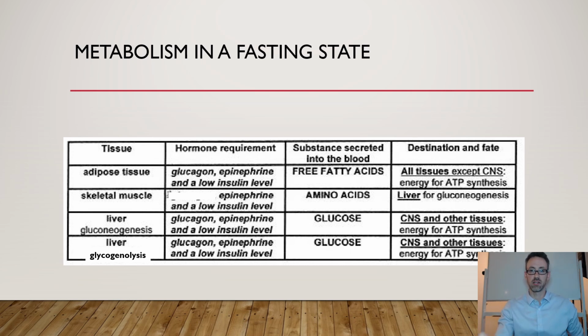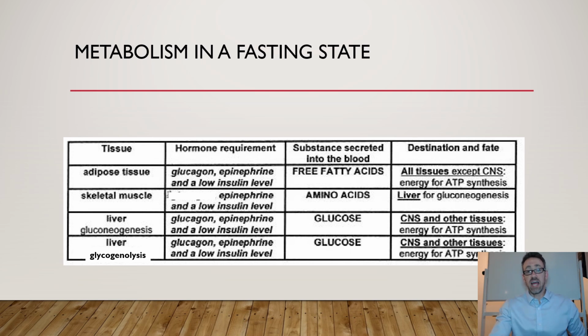I'll get more into that in the next slide. They really require good homeostasis of glucose. So during a fasting state, we don't want the glucose levels to continue to be utilized and then drop out of our normal range, say below 70 milligrams per deciliter, because that could be very detrimental to our health and could lead to things like coma and death.